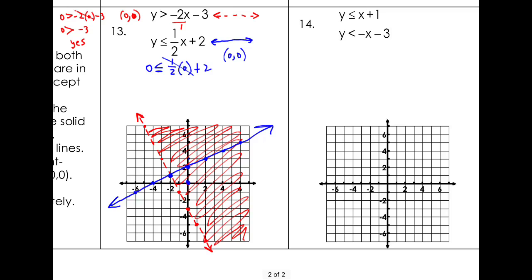Again, all we're doing is plugging in a 0 for y, 0 for x, and doing the math. Okay, so 0 is less than or equal to 2. That is also a yes, so we would shade that area of the line. Remember, we're looking at the blue line.